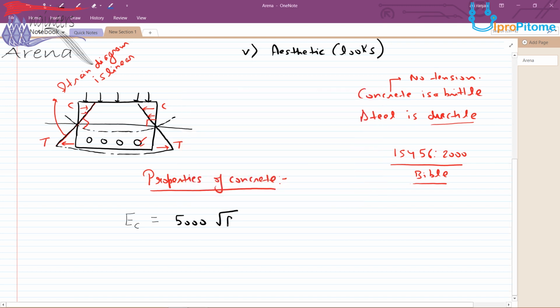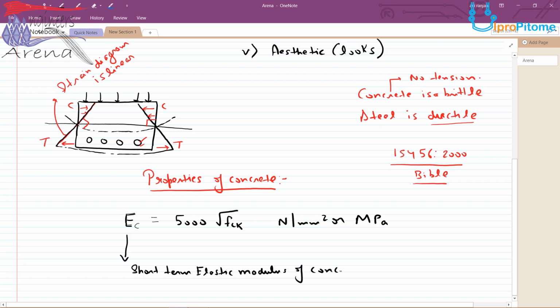EC is equal to 5000 under root FCK, in Newton per mm square or MPa, megapascal. According to the code, EC is 5000 under root FCK. This is the short term elastic modulus of concrete, and this is FCK.